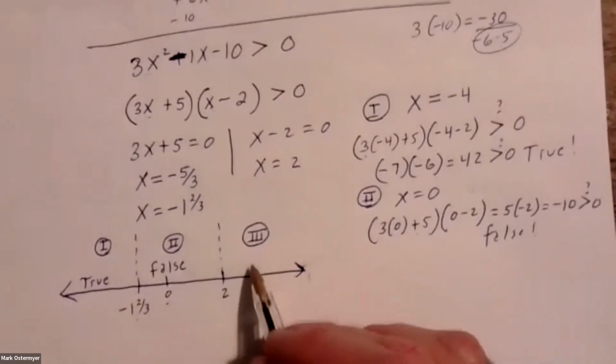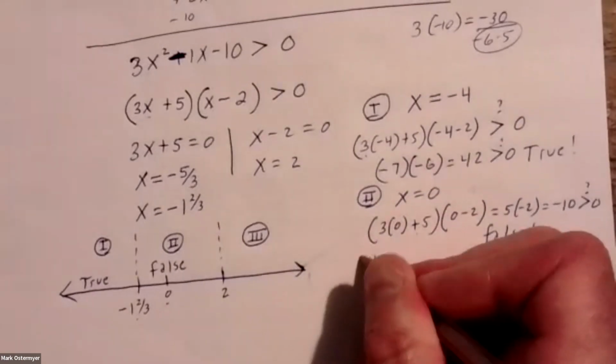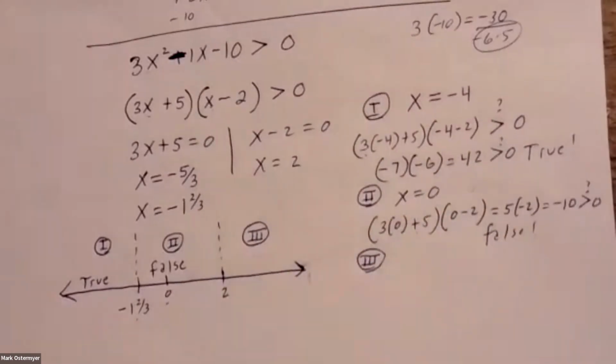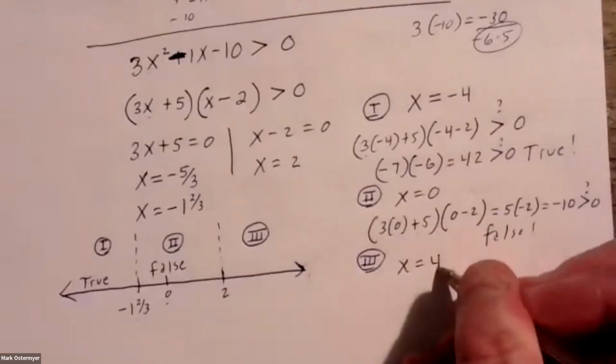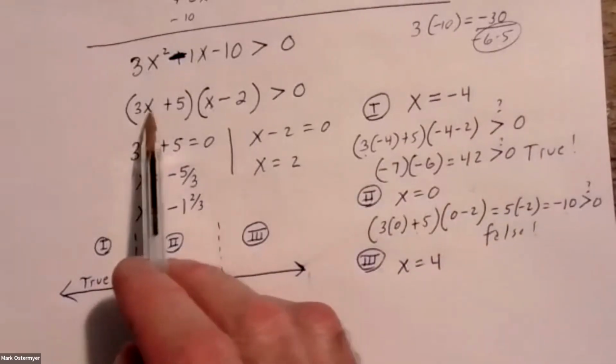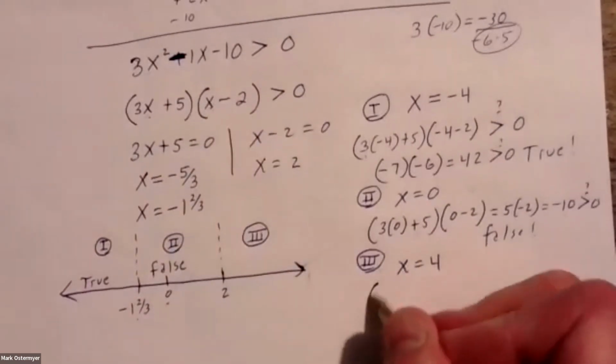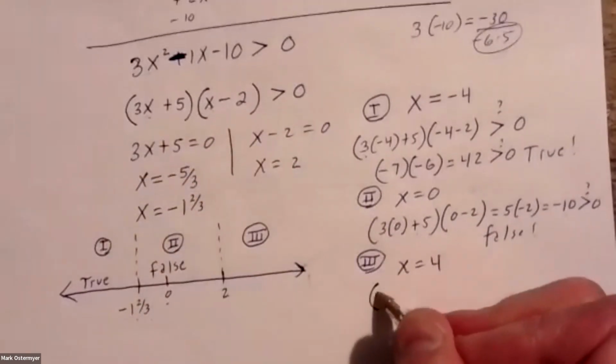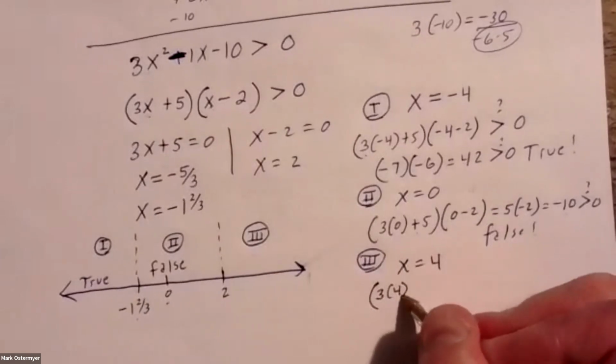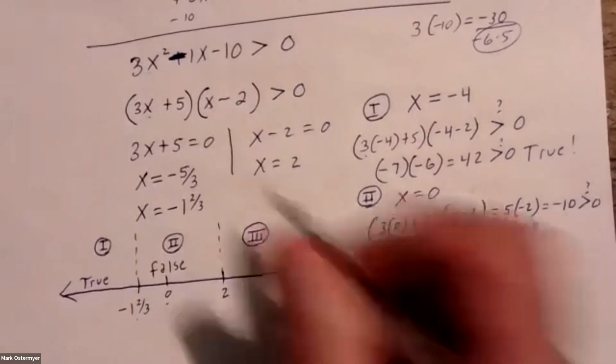Give me something nice greater than 2. Anything. 4. All right, let's let x be 4. Take 4, substitute it back in here for x, and then verify. Is the left side greater than 0? Is 4 a solution to this quadratic inequality? Well, there goes 4 in there, and here goes 4 in here.